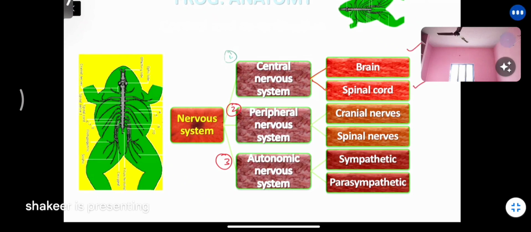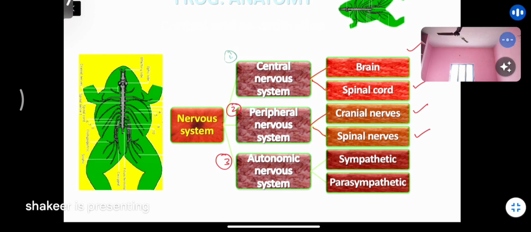Clear? Peripheral nervous system, again I can divide into 2 types: cranial nerves and spinal nerves. What is meant by cranial nerves? The nerves which start from the brain are called cranial nerves. And the nerves which are present in the spinal cord you can call spinal nerves.